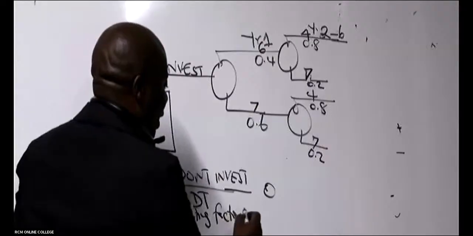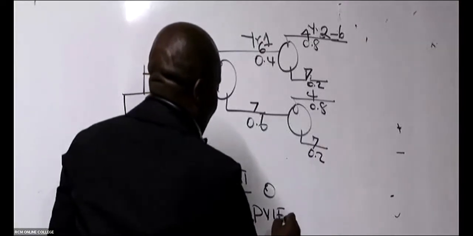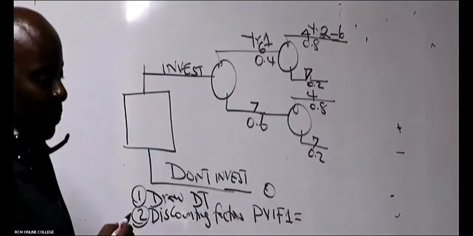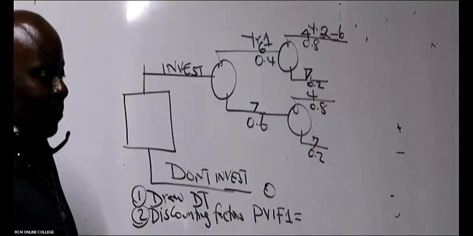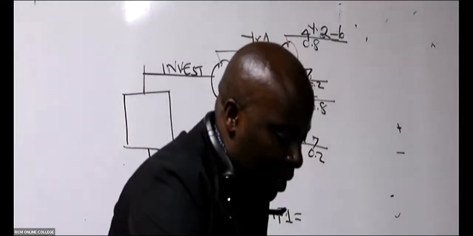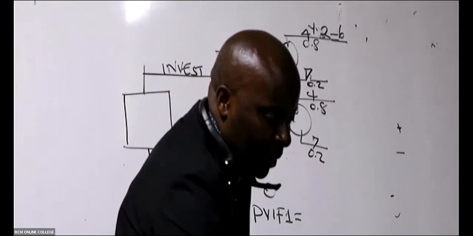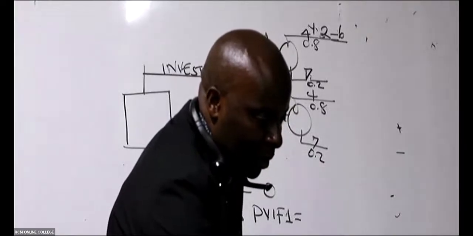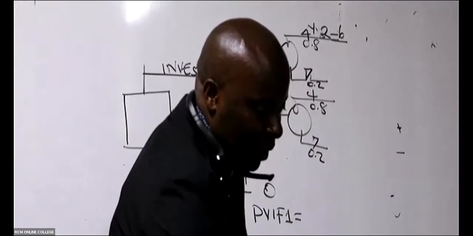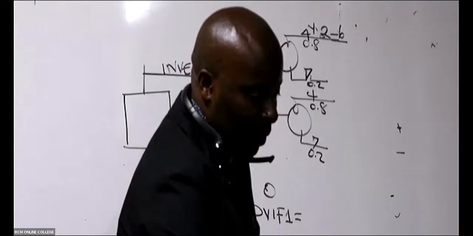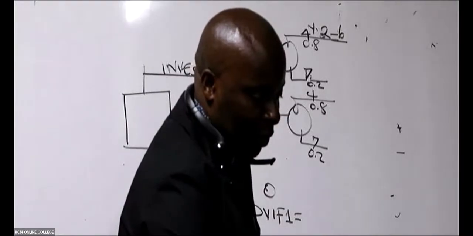So in this case here, we have PVF for year 1. Are you able to give me that discounted cash flow? Remember, this is 10%, and 10% is in your table. Oh, not yet, they haven't finished.